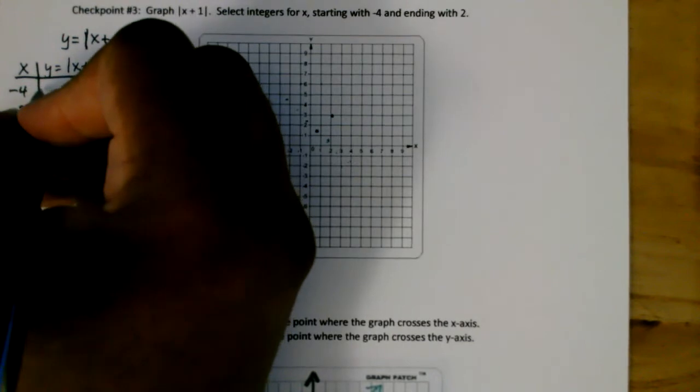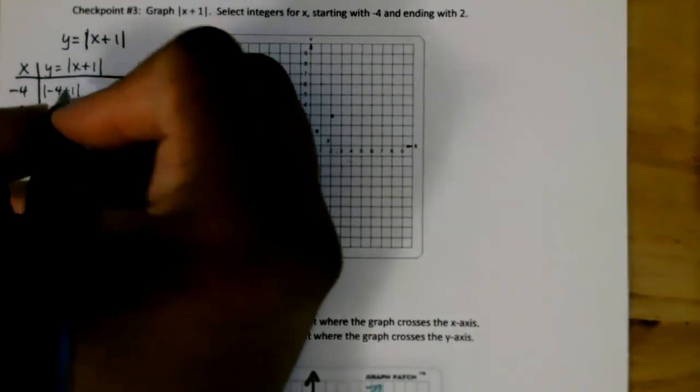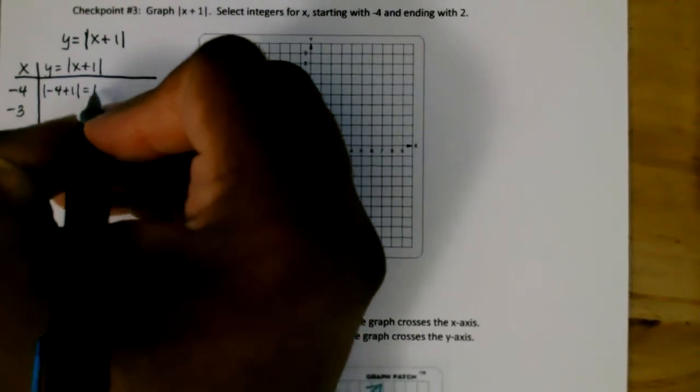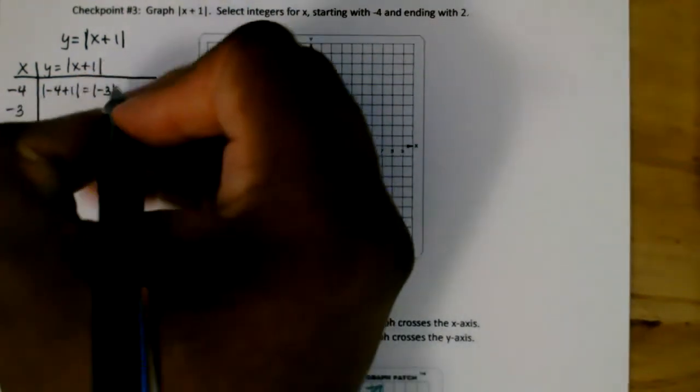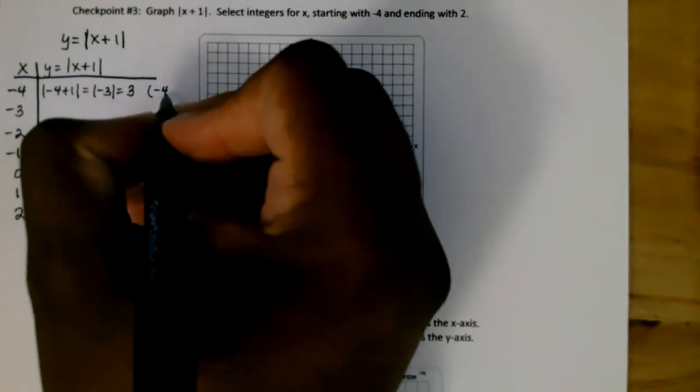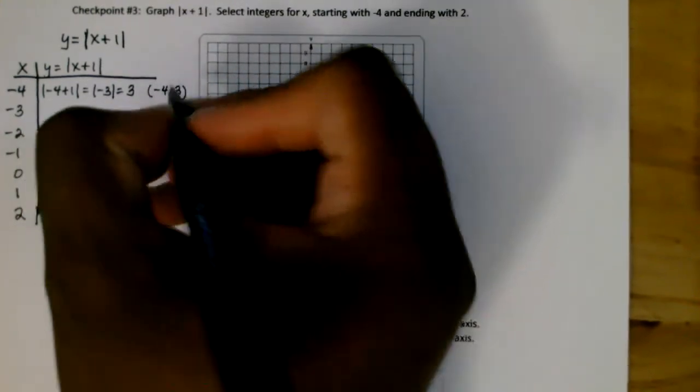Okay, so for x equal -4, this will be the absolute value of -4 plus 1. And -4 plus 1 will be -3. And if you take the absolute value of -3, you're going to get 3. So one ordered pair would be -4, 3.